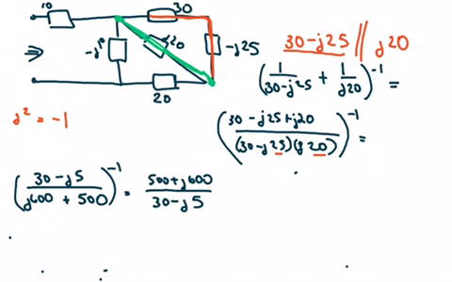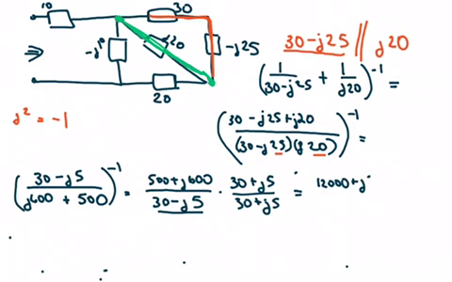And I have two options here. I can either find this in polar coordinates to do my division, or I can multiply times the complex conjugate, which is 30 plus J5. So we'll do the latter for that example. 30 plus J5, and I end up with 12,000 plus J over 925.